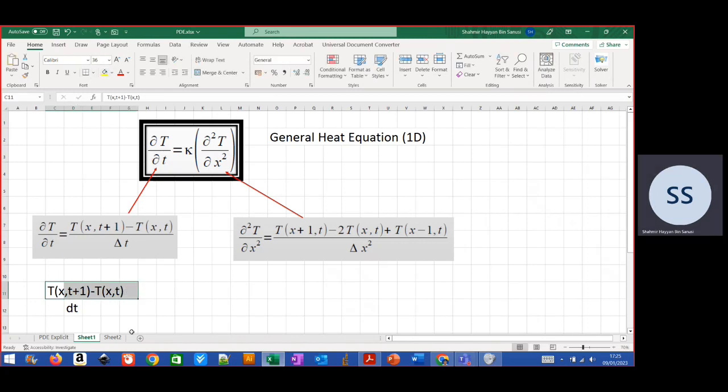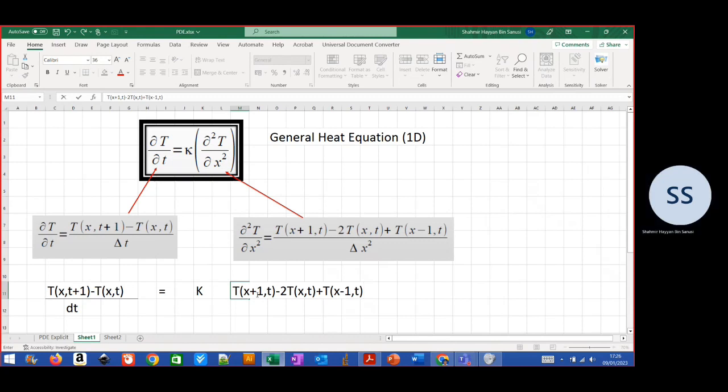This is equal to K, the thermal diffusivity, multiplied by the second derivative of temperature against x, where we can use the 3-point central difference: T x plus 1, T, minus 2 T x, T, plus T x minus 1, T, over delta x squared.